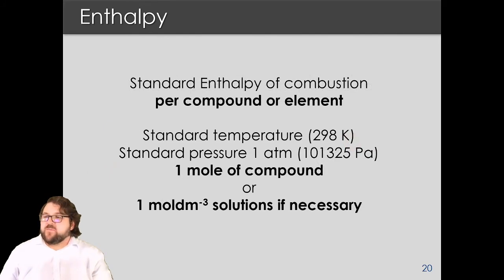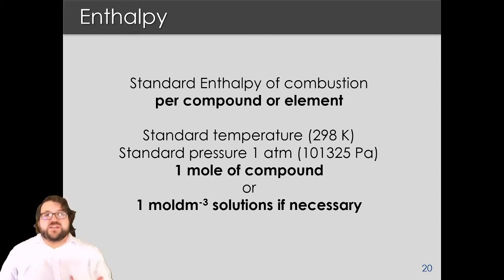The standard enthalpy is given per mole of the compound or element, and it is calculated at the standard temperature and pressure of the Earth, which are given there. 298K is 25 degrees Celsius, 101,325 pascals, or 1 atmosphere, or 760 torr. All of those mean the same thing. If they're in solution, we just say it's a 1 molar solution, and again, this just keeps everything constant.